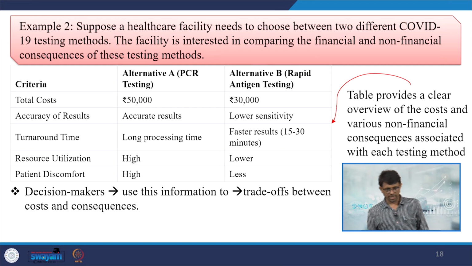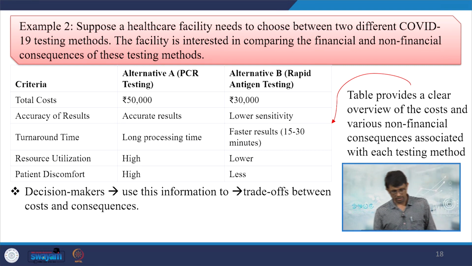Another example: suppose a healthcare facility needs to choose between two different COVID-19 testing methods. The facility wants to compare the financial and non-financial consequences of these testing methods.